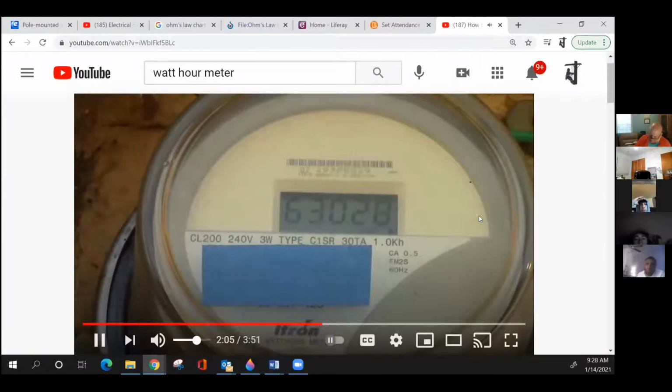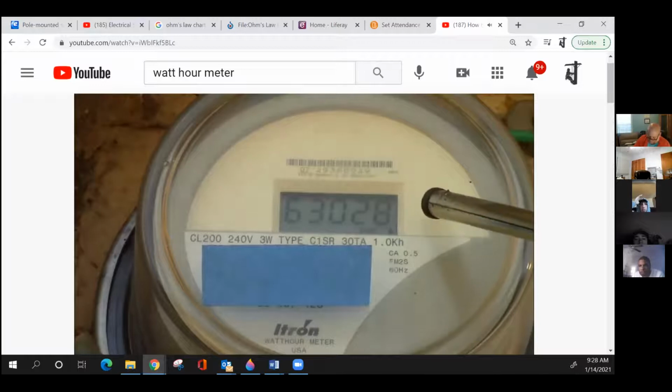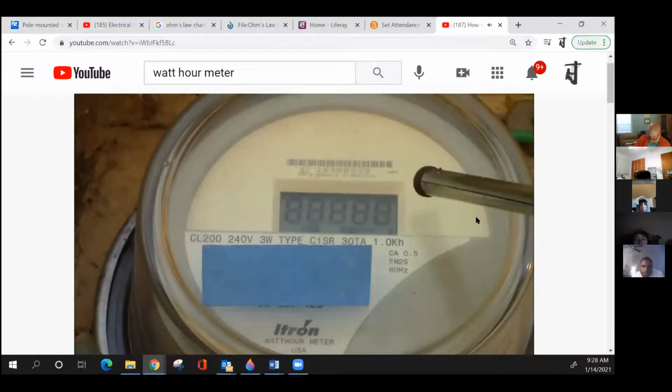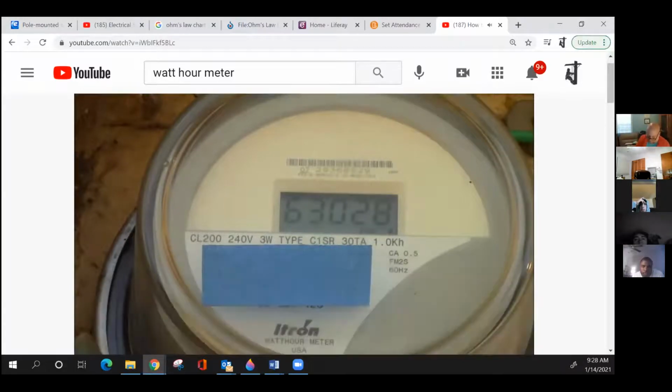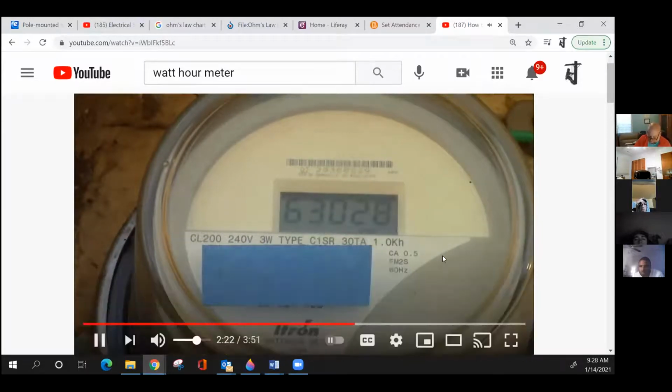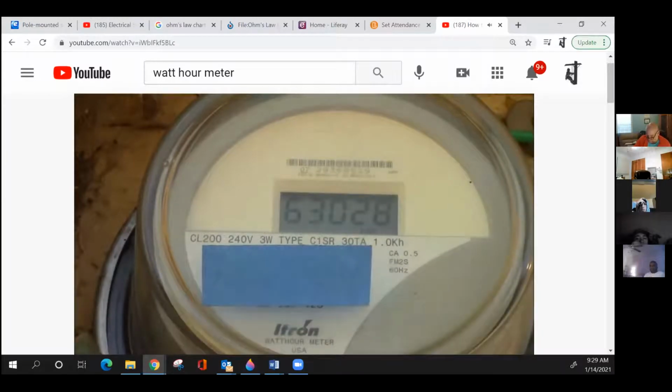So that's how you can work out the power usage. And if your dots are going to the left, that means power is flowing out of your house, but normally that's not the case. It's always flowing from the left to the right, and that shows power flowing in. So you can see it's gone through a whole cycle now. It's gone from 1 dot to 2 dots to 3 to 2 to 1 back to 0.